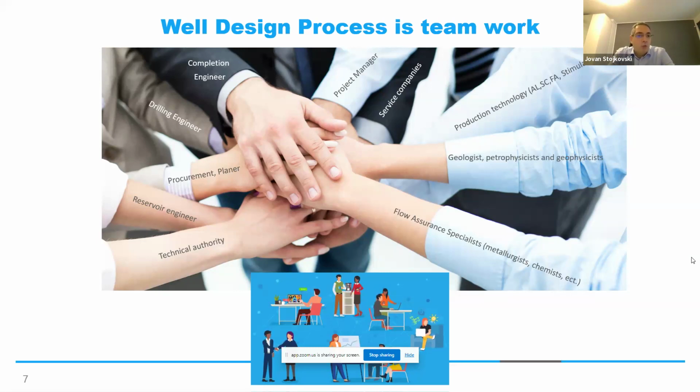Very often we have reservoir, procurement, and a technical authority in the company who will give us a green light for our prepared work as the highest authority.